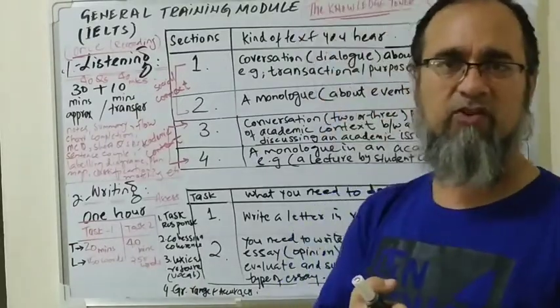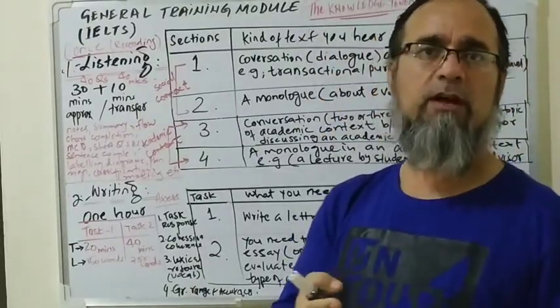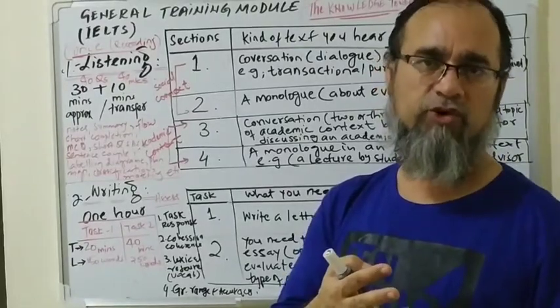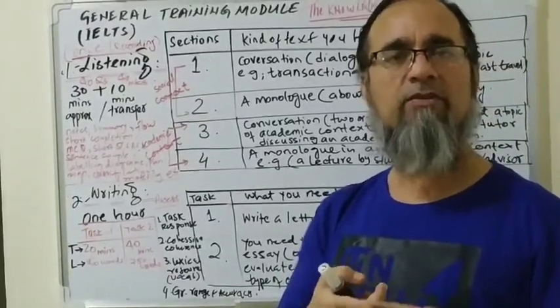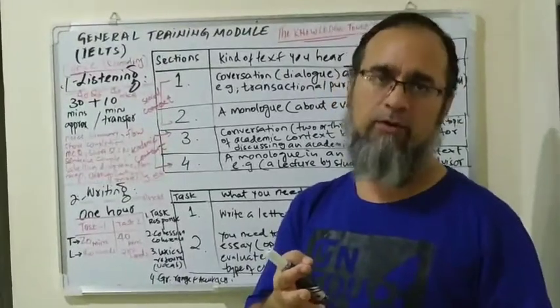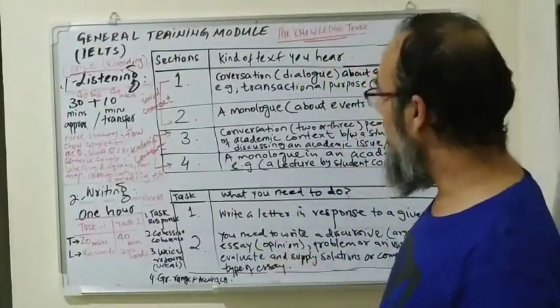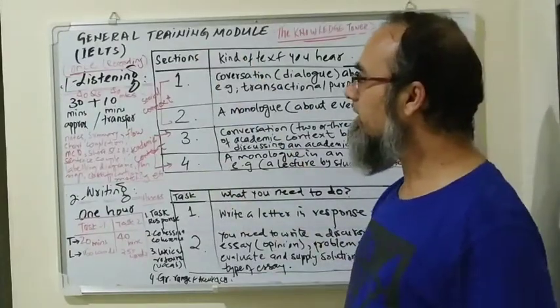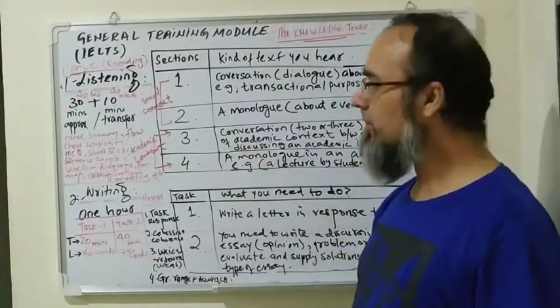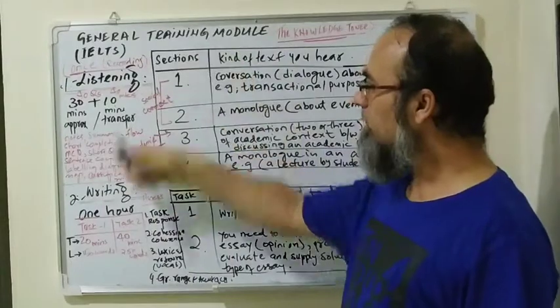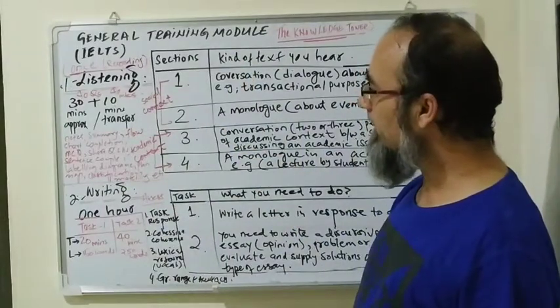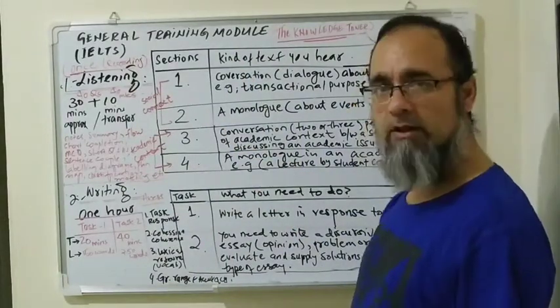Your grammatical structure, your lexical resource, and your appropriate sentence construction and ideas, everything should show fluency and accuracy. And this is the end of the overview of these 2 skills, and in my next video I will talk about the other 2 skills, that is reading and speaking skills.